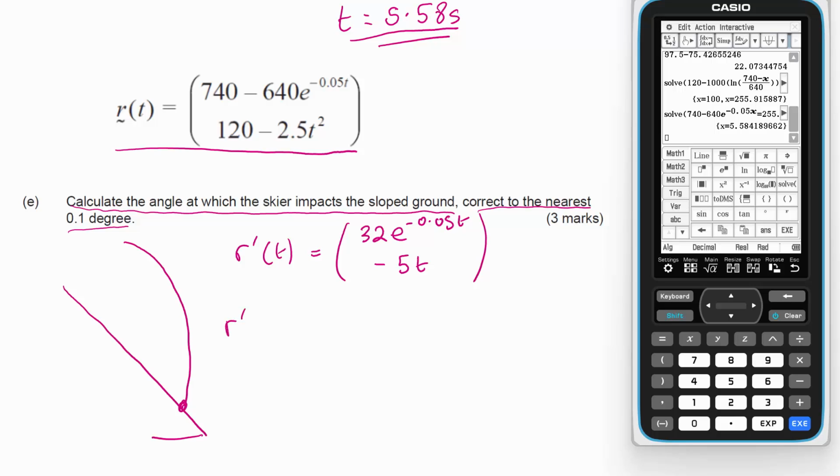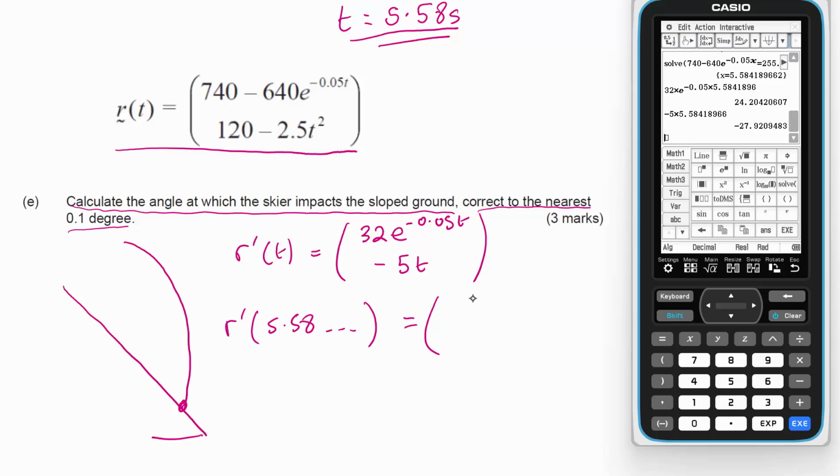So what we really want is r dashed of 5.58 and so on. So we need to evaluate each of these expressions at 5.58. So we can see that this is 24.204 and this is negative 27.921.